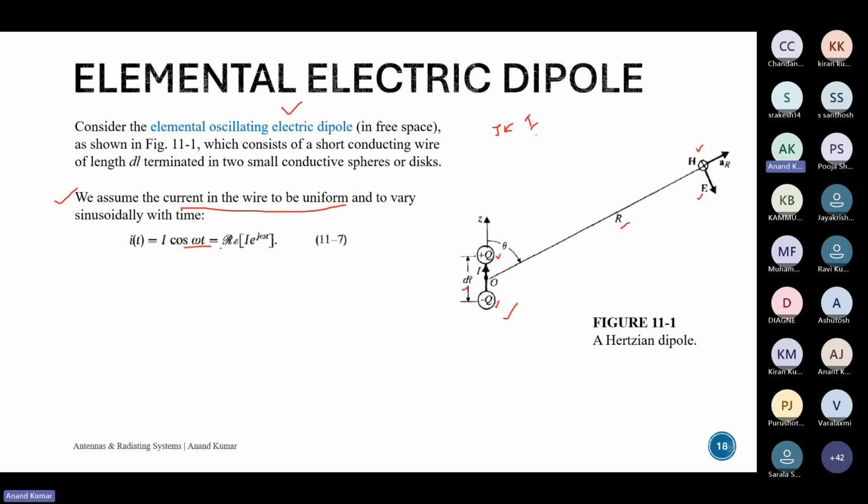So we have a cos omega t term over here. The field is sometimes like this, sometimes like this, and it keeps oscillating.